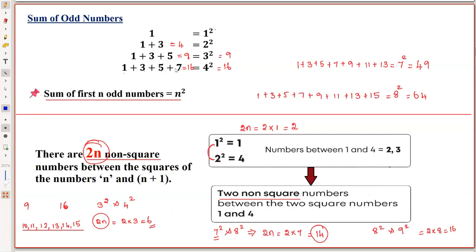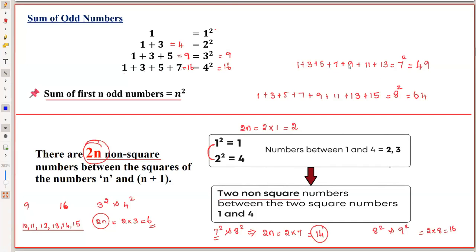Here they have given 4 digits and we just add them to get 16. If 16 or 20 digits are given, what do you have to do? We take the formula n square. For example, if you want to find the sum of 1 plus 3 plus 5 plus 7 plus 9 plus 11 plus 13, adding will take time.